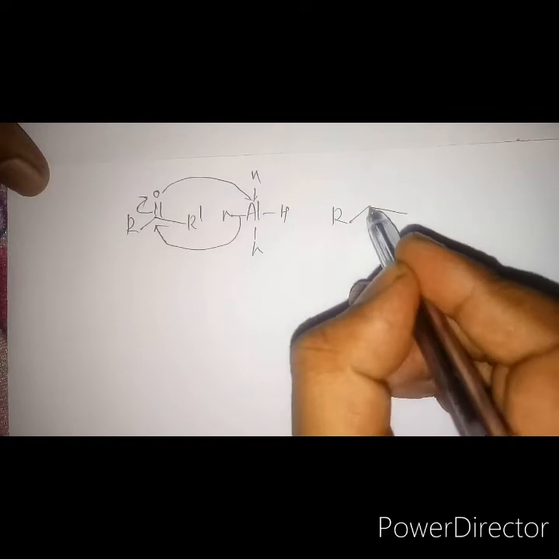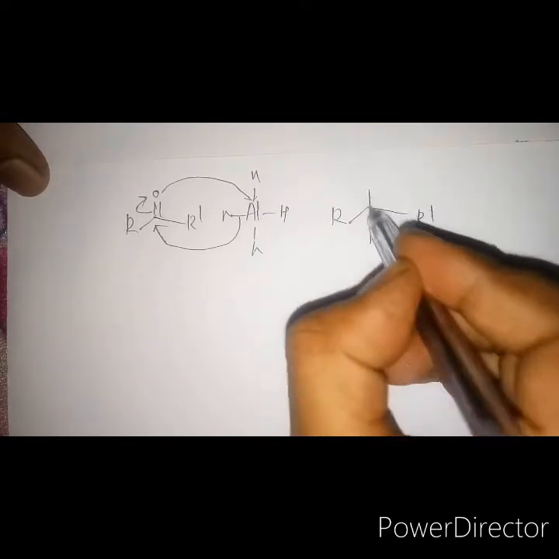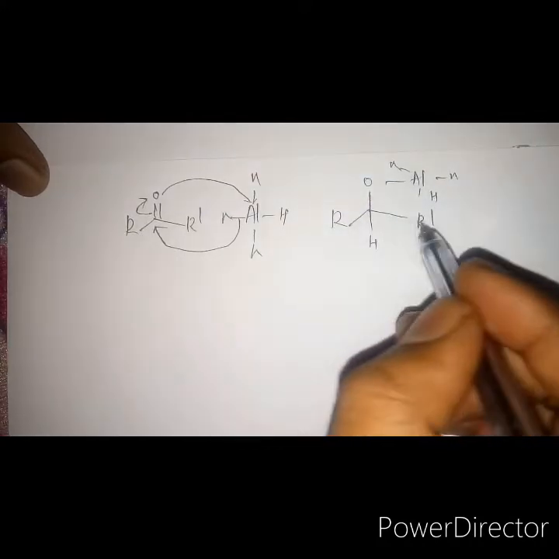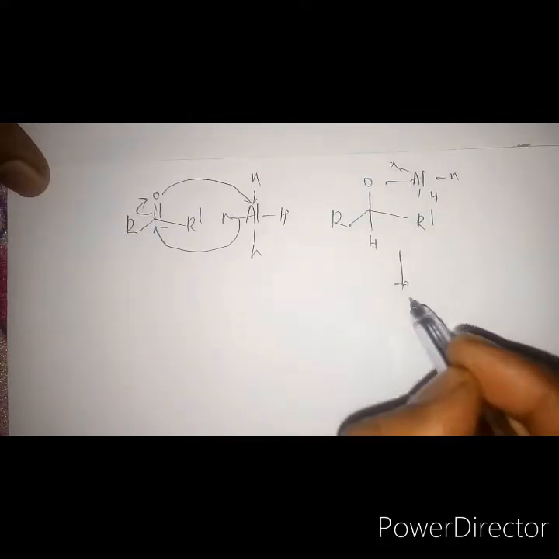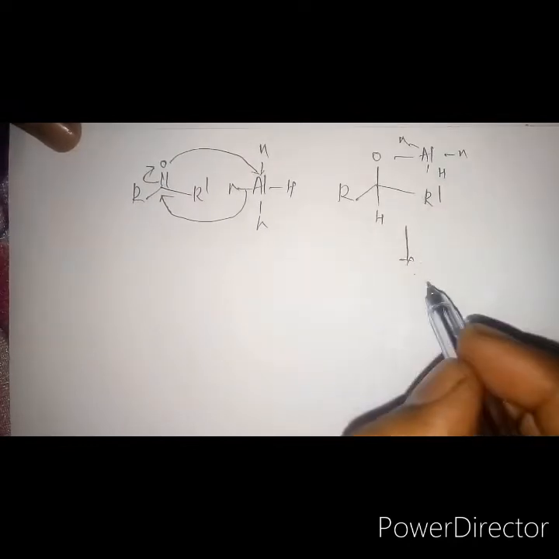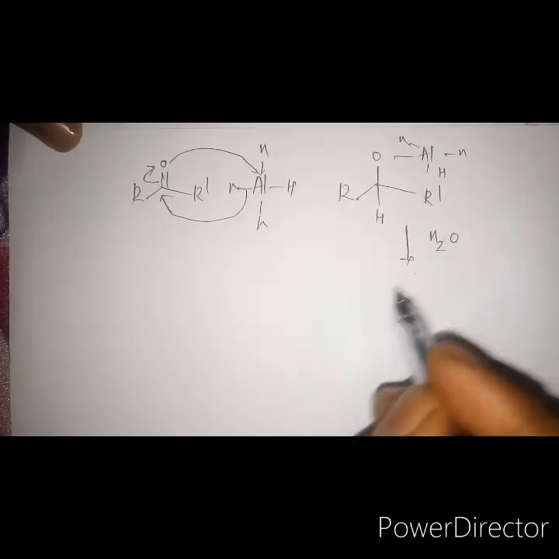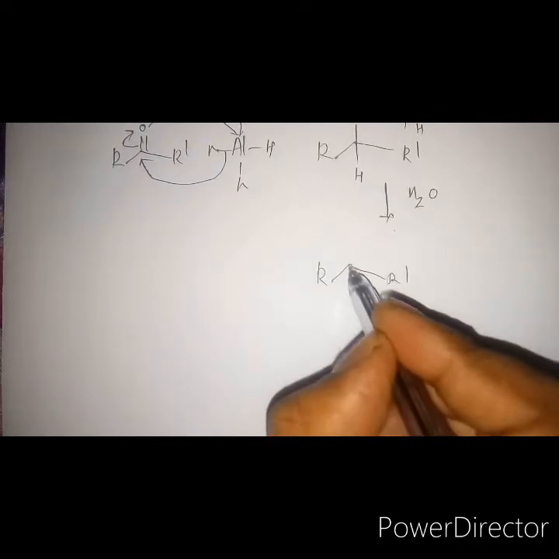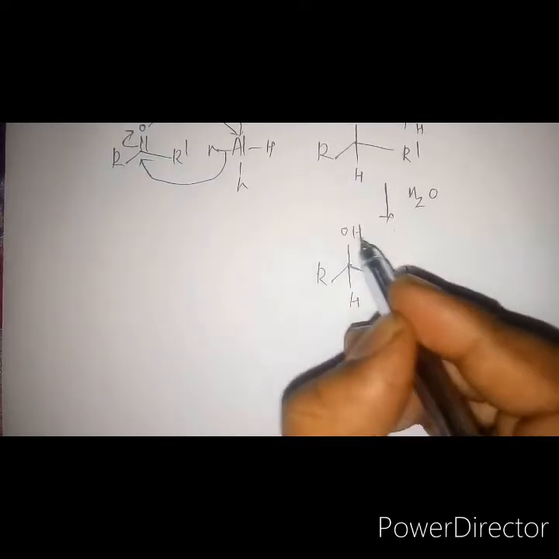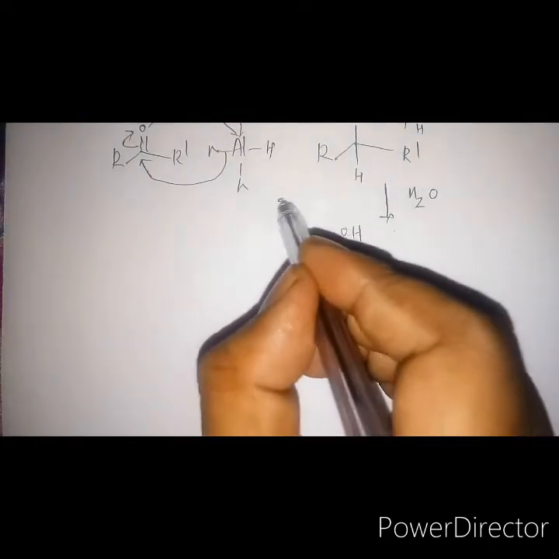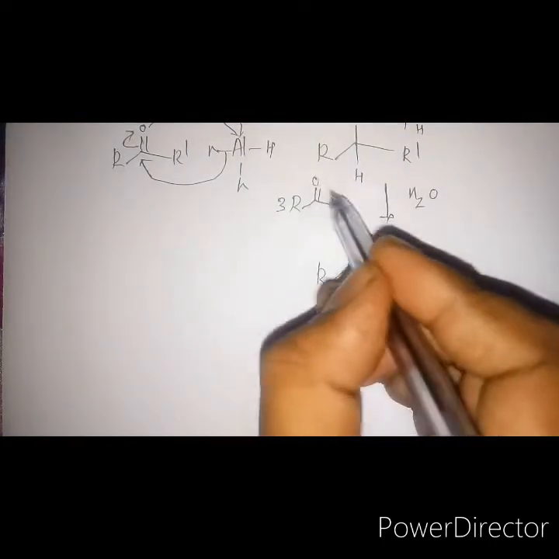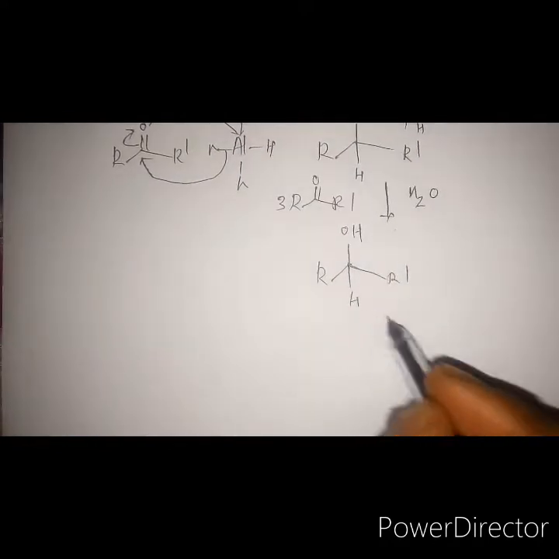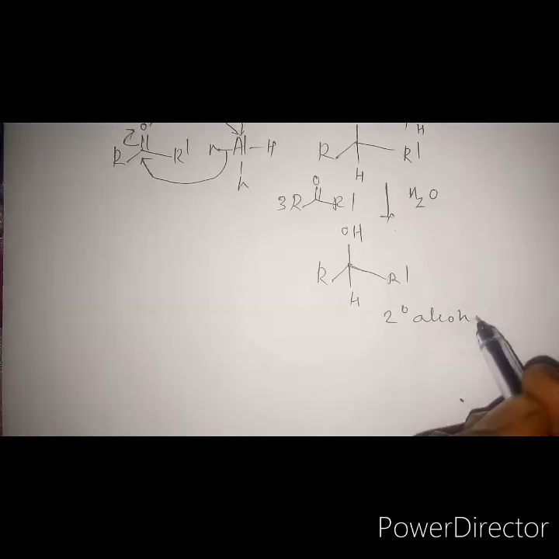We will get R, H will be transferred, R dash O aluminum H H H. Now again 3 molecules will be replaced, the same thing, and after carrying out hydrolysis we will get R dash H OH, along with 3 molecules of R dash.